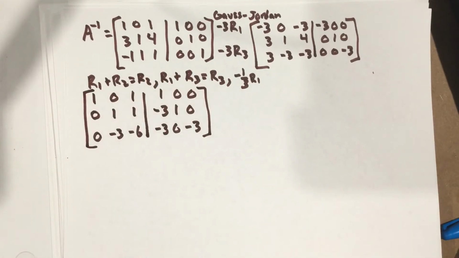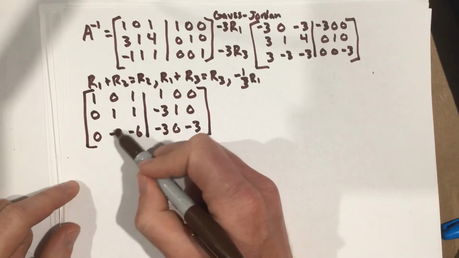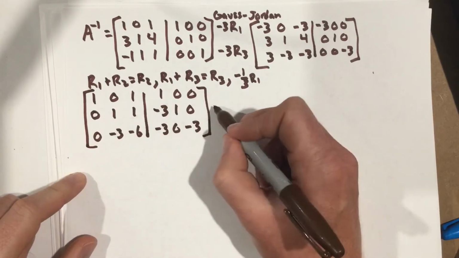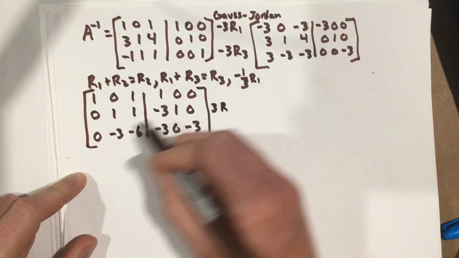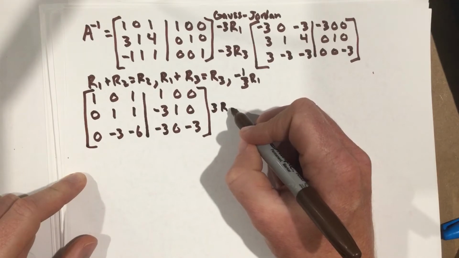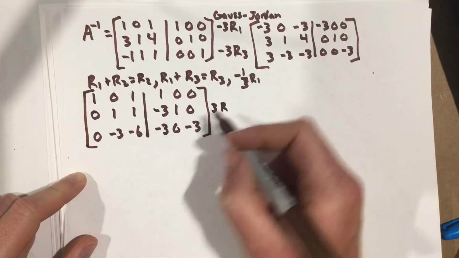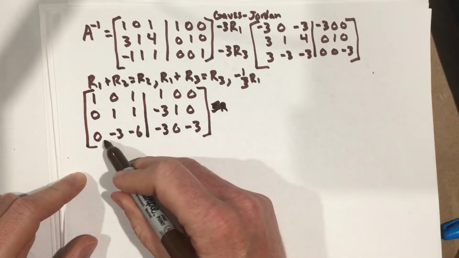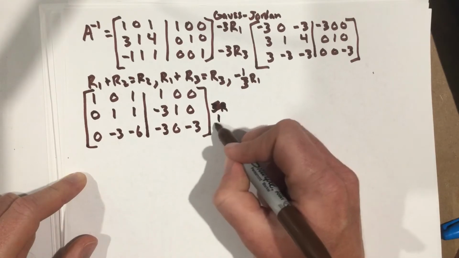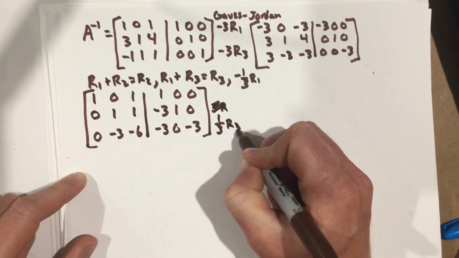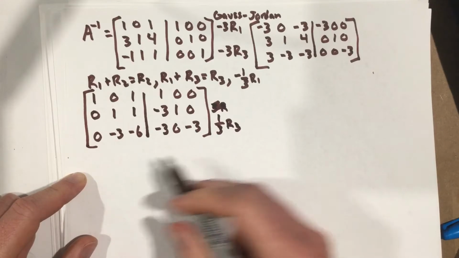All right. Now I just need to cancel this bottom piece to 0. So I'm going to multiply by 3R2. Actually, you know what? Instead of doing that, I'm going to do 1/3 R3 to get there, because that'll bring it down to be one less step.